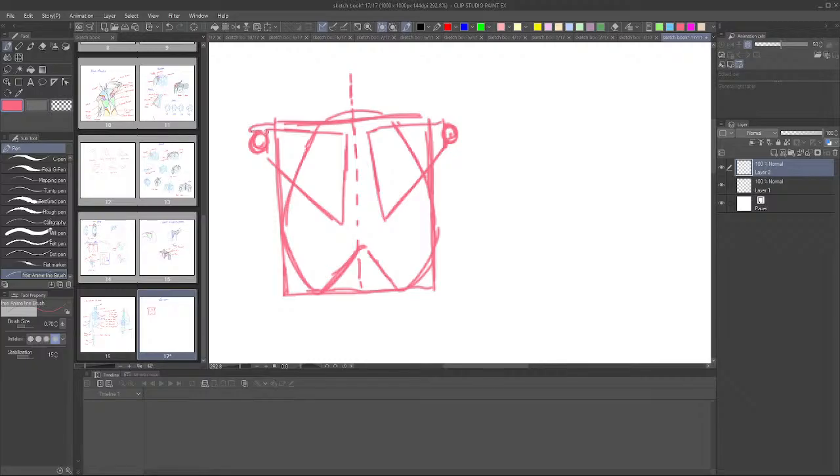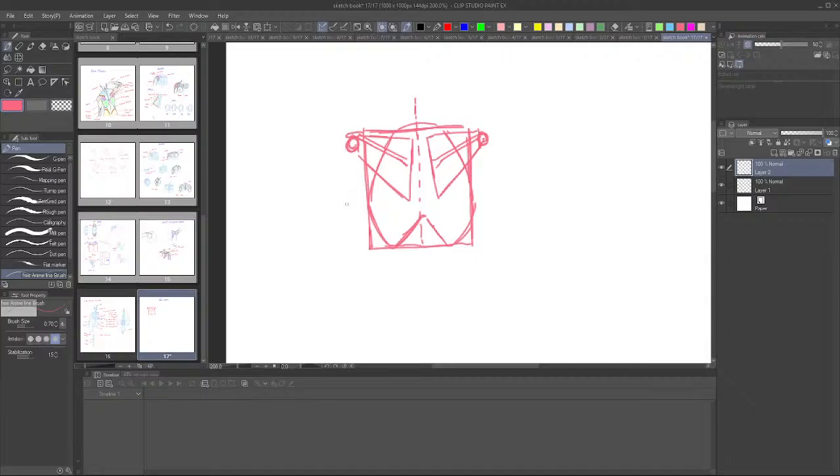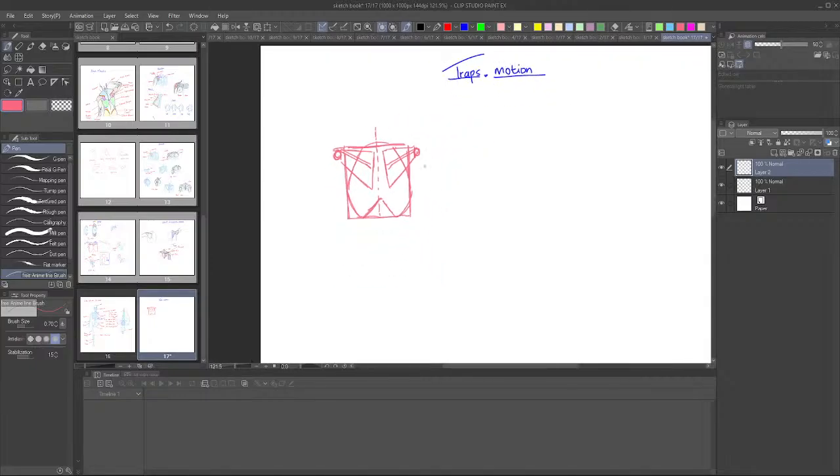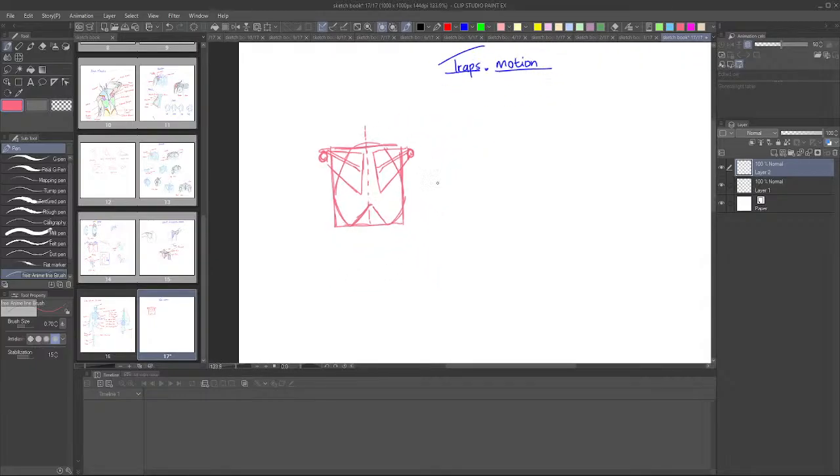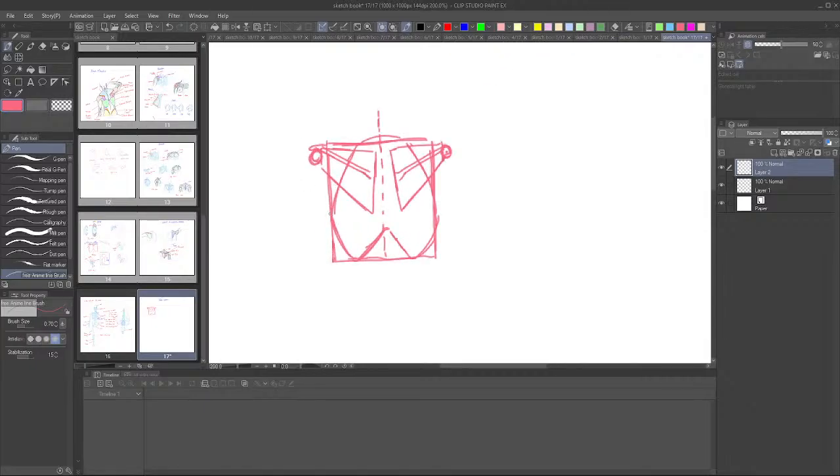Okay, so this is where the acromion is. All right, this is just a fairly neutral position.